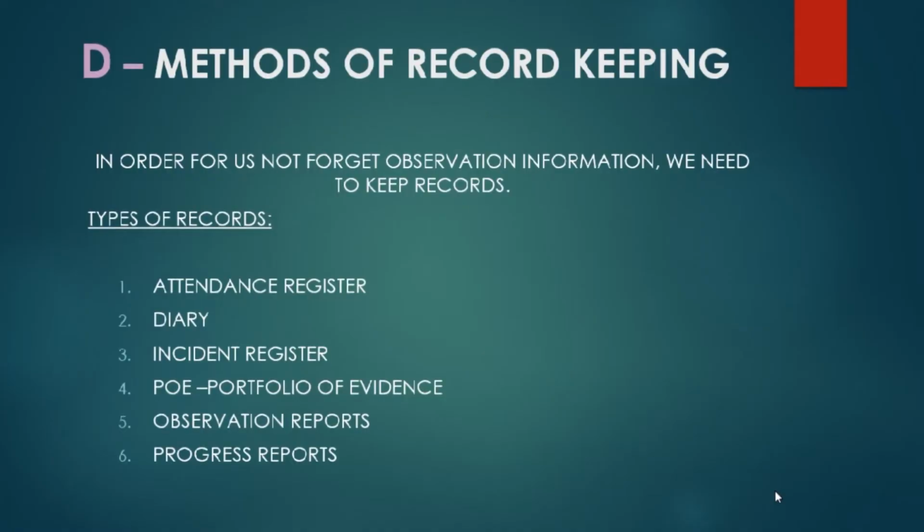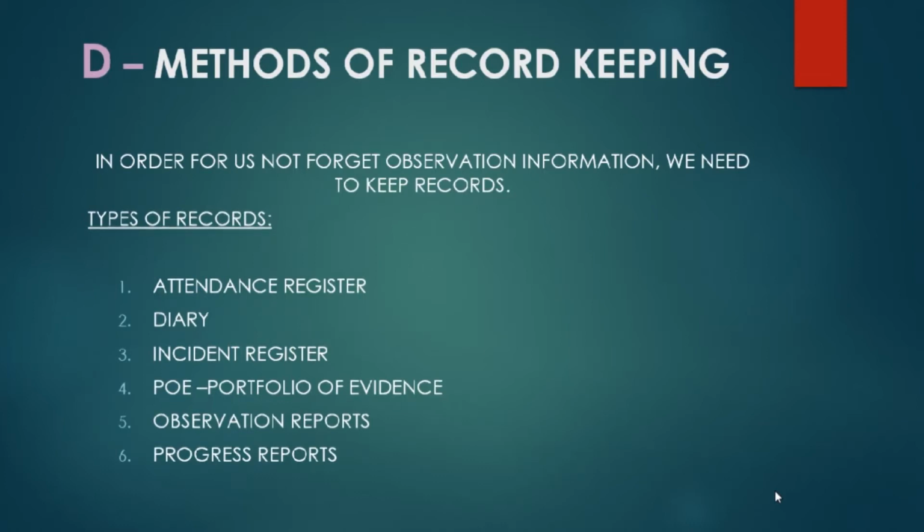Let's move on to record keeping. We have different methods of record keeping, but in order for us not to forget observation information, we need to keep record of what we have done. We have different types of records that we always keep in our daycare centers. One is the attendance register. The attendance register is not only kept in the daycare center.